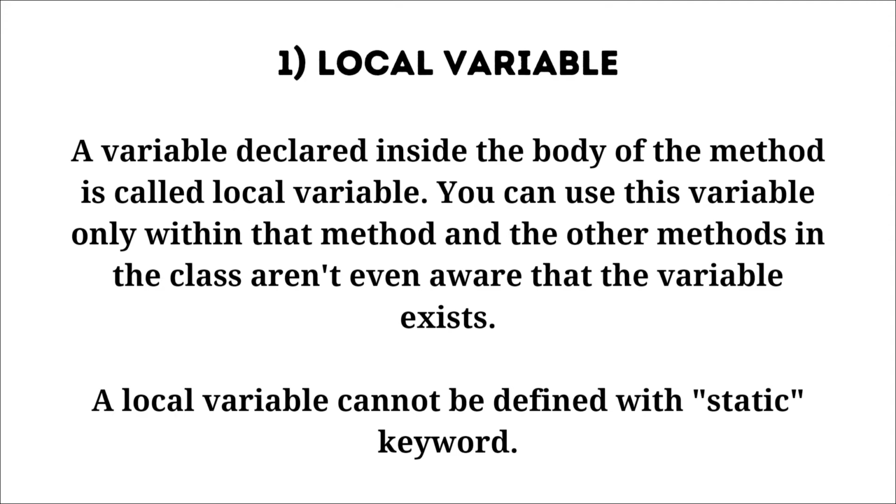Like if you are in a class and your friend is not aware that you are there. As an example, you can understand that a local variable cannot be defined with a static keyword. So remember that point, because you will not be able to define a local variable with the help of the static keyword. And in a previous video we have learned about static also.